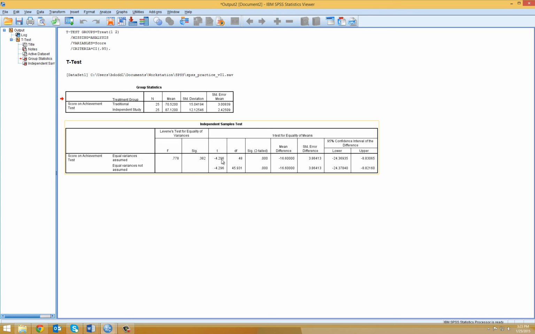And I have the t-test value, degrees of freedom, and then I have the statistical significance score here. So I do see that this is below the 0.05 cutoff mark, which tells me that there is a statistically significant difference between these two groups. And using my descriptive statistics up here, I can tell that the independent study performed better than the traditional group.